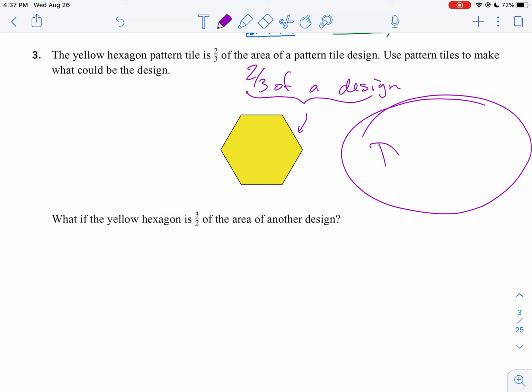The design, whatever that is over here, do you see that this is the whole? And so we don't know what that is. We have to come up with what that could have been. All right, so now pause the video and take a few minutes, try this out on your own.